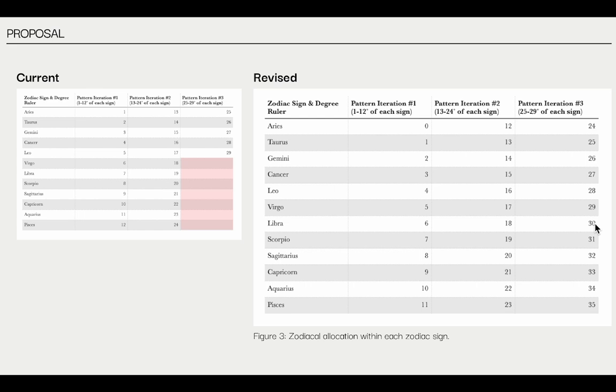And so we're going to continue counting all the way up to 360 degrees. So degree 30 is actually the beginning of the next zodiac sign, which would be Taurus. So Taurus represents that 30 degree and the new beginning there. And then we continue counting and applying the zodiac signs in a pattern all the way up to 360 degrees.